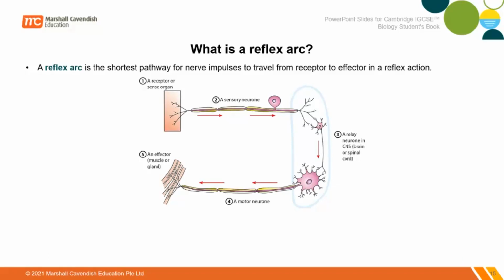The receptors will send the message through the sensory neuron to the relay neuron, which will coordinate and pass the message to the effector, which is the tongue muscle itself or tongue tissue itself, and so on. So we could apply this, let's not be that tight in our way of thinking. We could apply all of this based on the question.